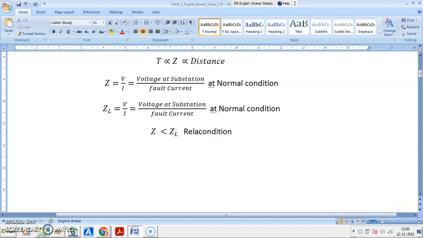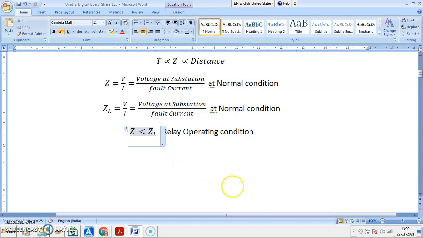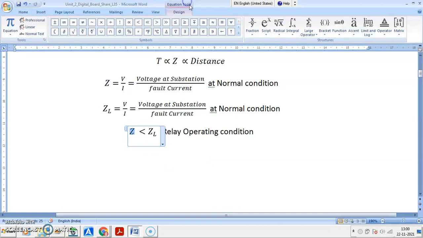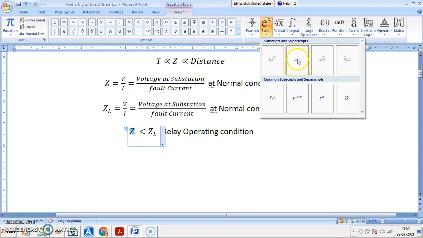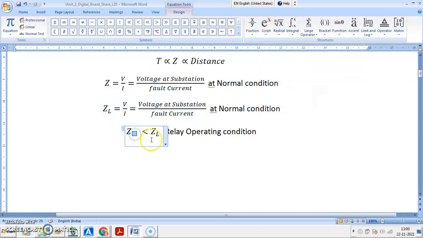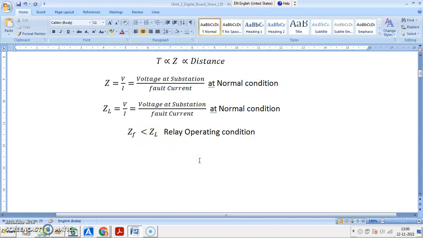Relay operates. Relay operating condition. Okay. If ZF is the impedance when fault occurs, fault impedance is less than load impedance, so relay operates. Understood?